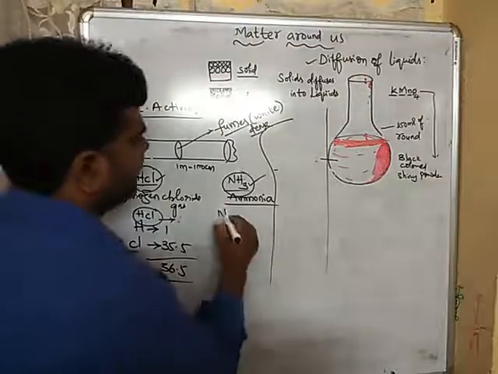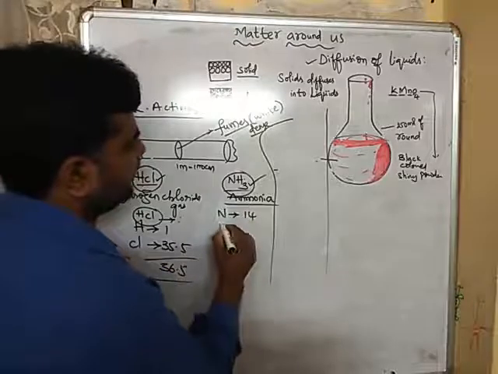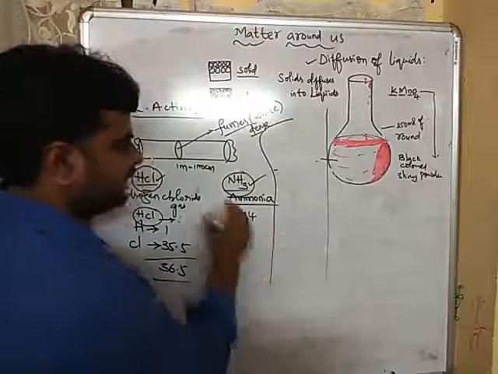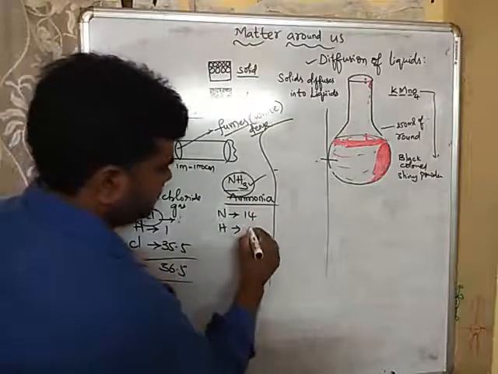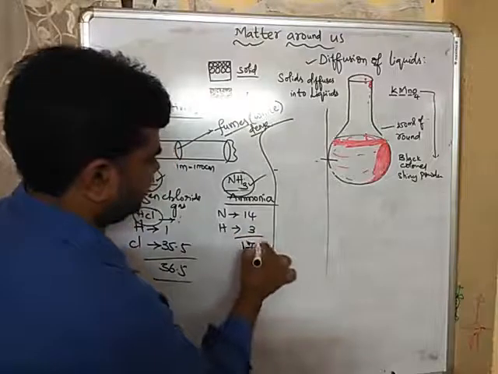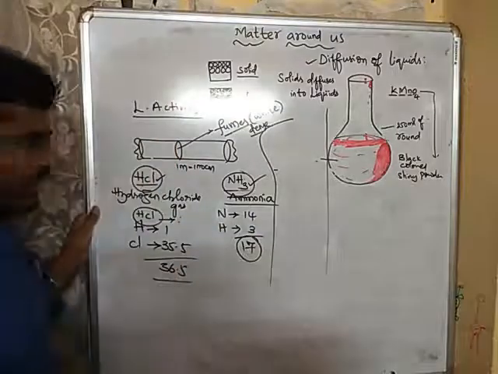Coming to ammonia, nitrogen is 14 and hydrogen is 1, but 3 hydrogens are there, hence it is 3, so that is 17. Now you can easily identify the values.